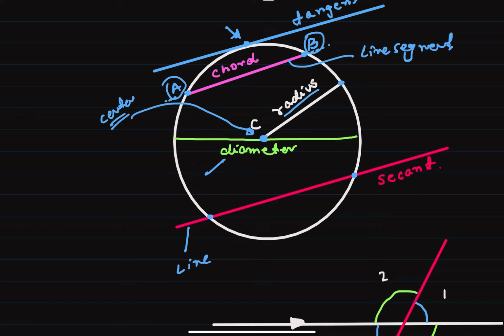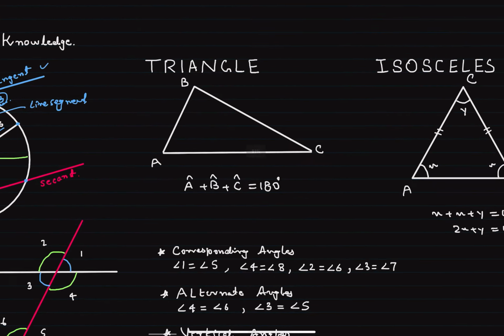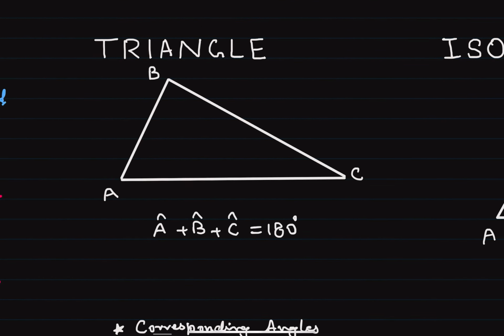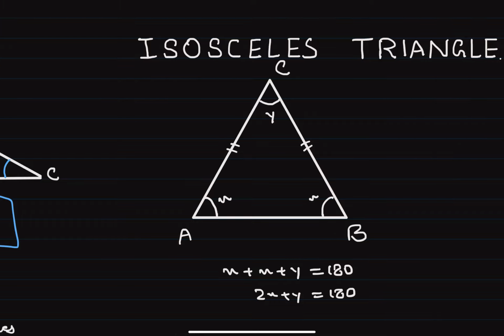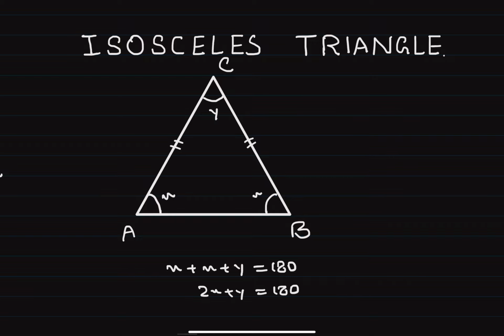And we all know that for a triangle, if we add the 3 angles of the triangle, they must sum to 180, right? And the type of triangle, isosceles triangle, you know that isosceles triangle is one in which 2 sides are equal and the angles opposite to these equal sides are equal, right?